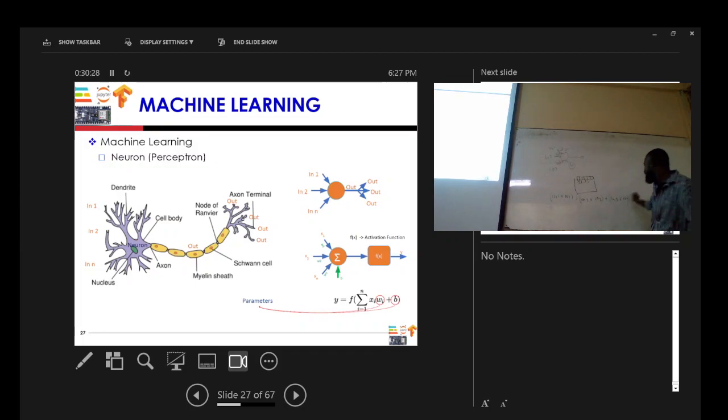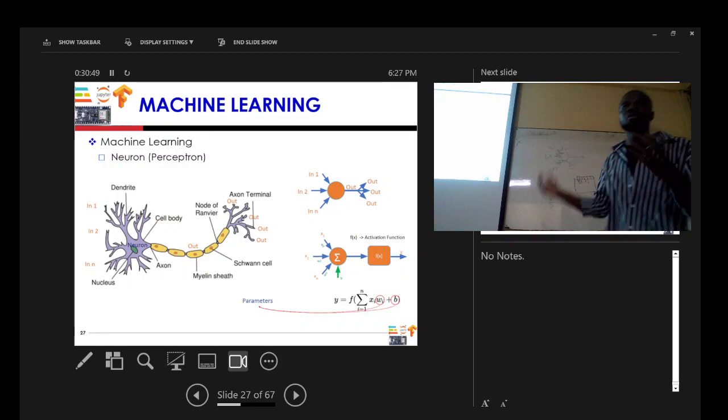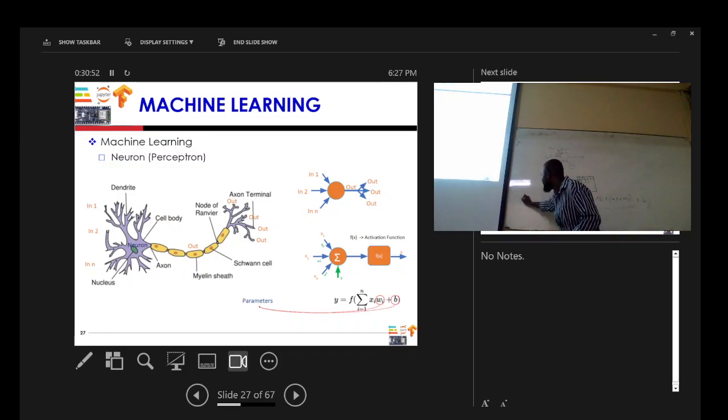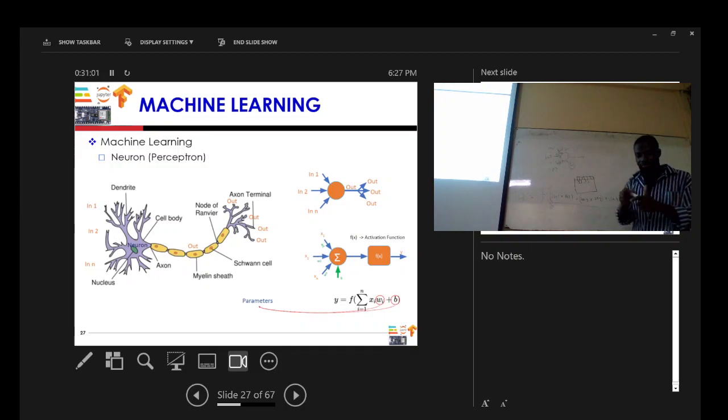So it sums all of this up, and then it adds the bias value, and then it passes all of this through a function called the activation function, and then you get your output. So the output of the neuron is equal to the function, and within the function, we have the input times the weight. You sum all of them up, then you add the bias.